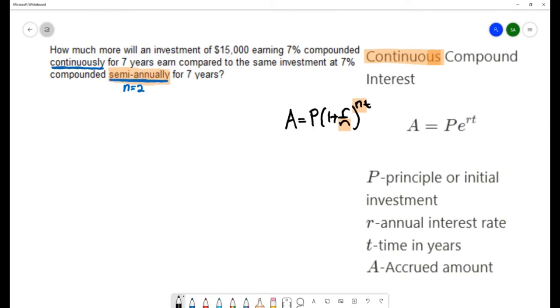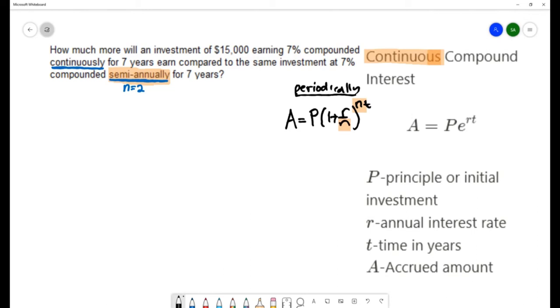The other one says that interest is compounded continuously. So let me try to explain the difference between the two. When interest is compounded periodically, that means that the interest gets added into the account, and then you wait a period of time and more interest gets added into the account, and then you wait a period of time and more interest gets added into the account.